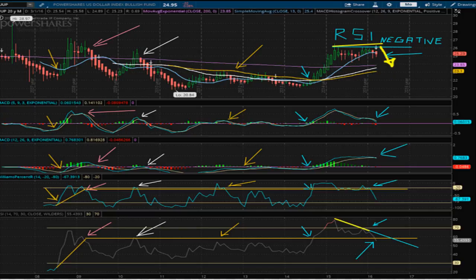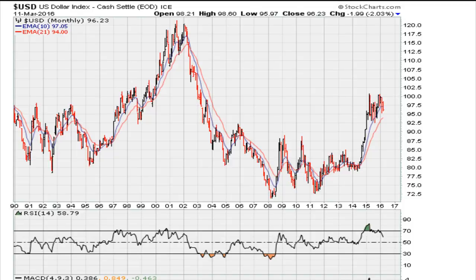But I want to show you the charts that I'm looking at, and here I have the dollar proper, so the dollar chart itself going back to 1990, so about 26 years of monthly data. And the first thing I do notice here is at the highs in 2001, early 2002, we had this improvement in price on a monthly basis, but the RSI was making lower lows.